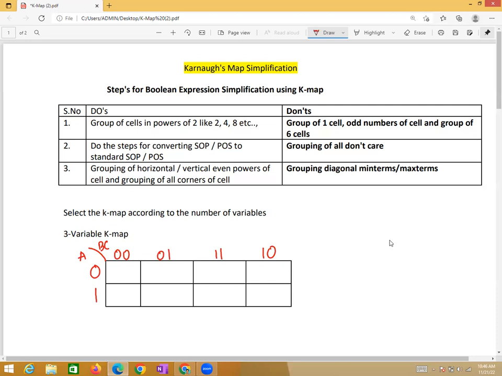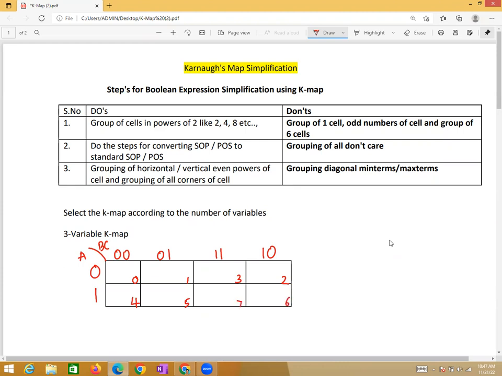This is the way we specify the variables in a 3 variable K-map, which has 8 cells in total. And how to allot the cell numbers: here 000 is min term 0, 001 is min term 1, 011 is min term 3, and 010 is min term 2. Similarly 100 is 4, 101 is 5, and here 7, and here 6.